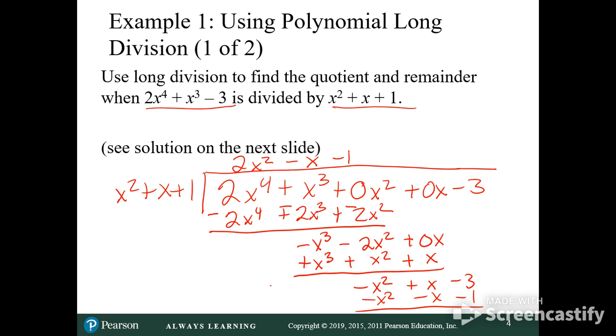Change the signs in the bottom row, then add to get 2x plus negative 2. And that is going to be your remainder. So you go plus 2x minus 2 over x squared plus x plus 1.